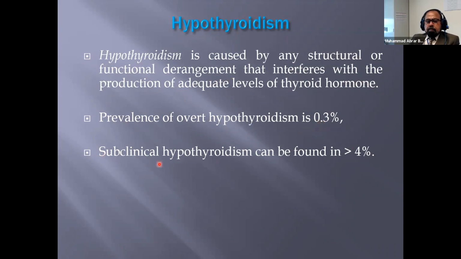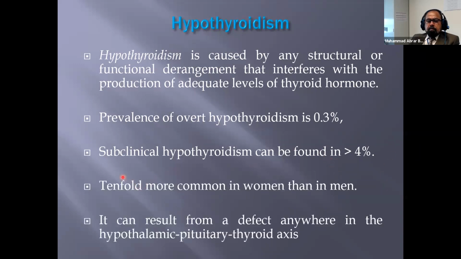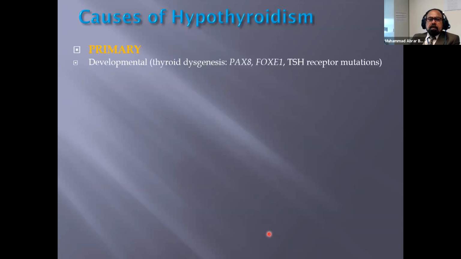But if you add subclinical hypothyroidism, it becomes more than 4%. It is tenfold more common in women than in men, and it results from a defect anywhere in the hypothalamic-pituitary-thyroid axis. So either a problem in the hypothalamus, in the pituitary, or in the thyroid axis.